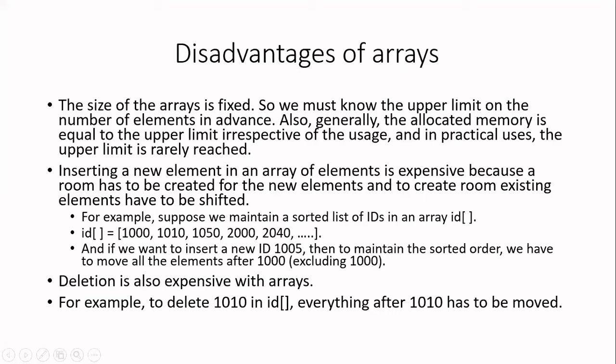If I use arrays for implementing this program, you know that in arrays, elements are stored in continuous memory locations only. I want to insert 1005 after 1000. After 1000, currently I have 1010, so I have to move that. If I move that, I have to move 1050 also. So to insert 1005 after 1000, I have to move all these 4 numbers to create space for 1005. So this is taking so much time.